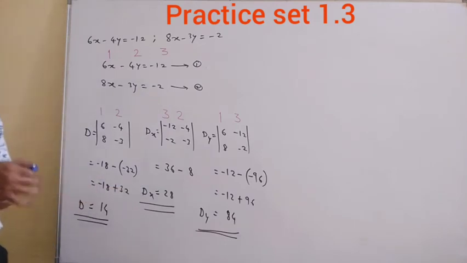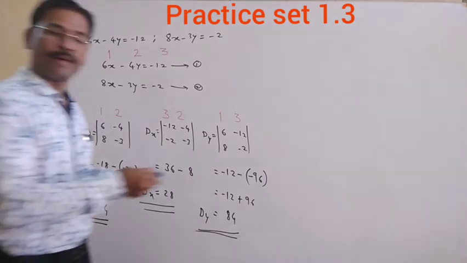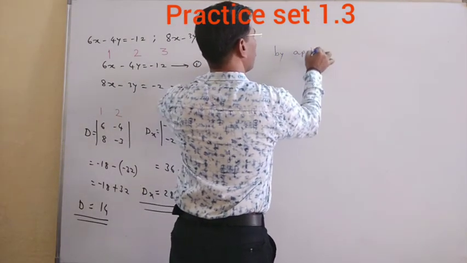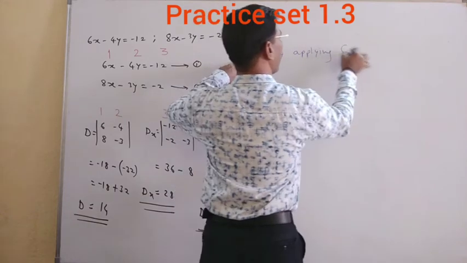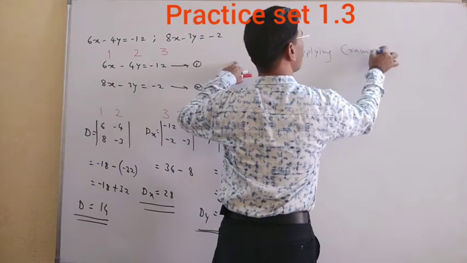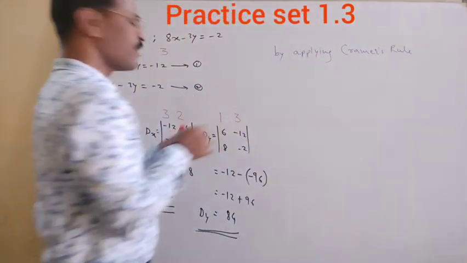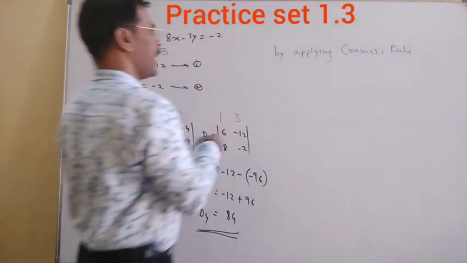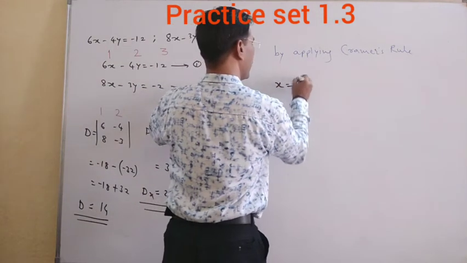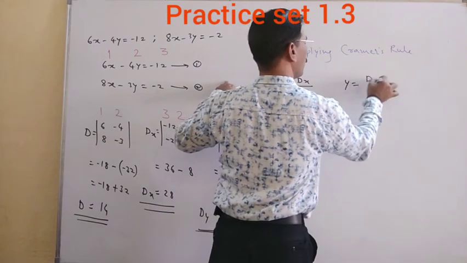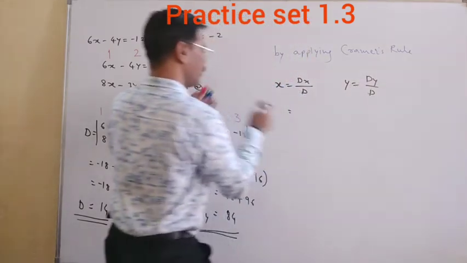Now the next procedure is what? By applying Cramer's rule. Okay, how to apply? It is our usual procedure. Just write x is equal to dx by D and y is equal to dy by D. Now just put the values.